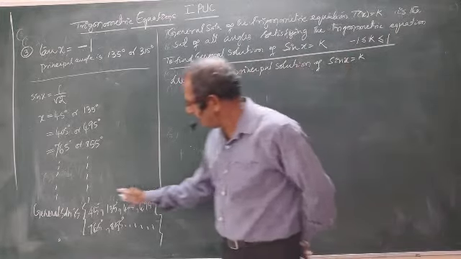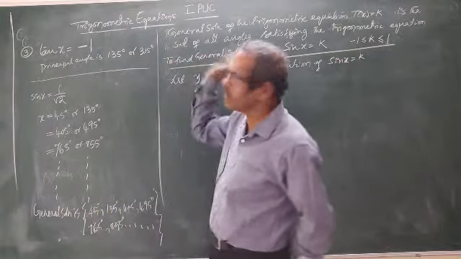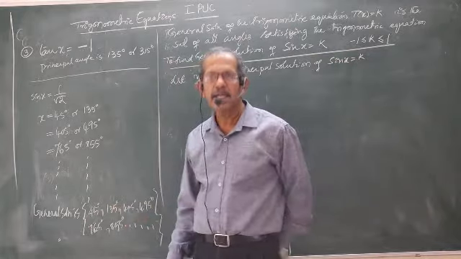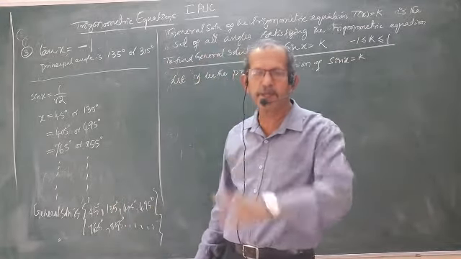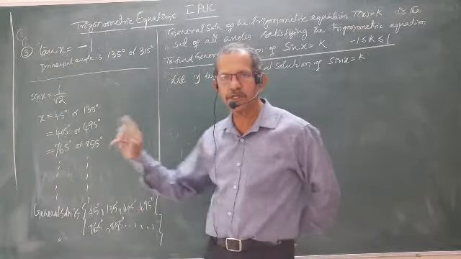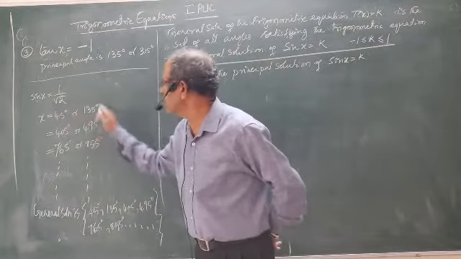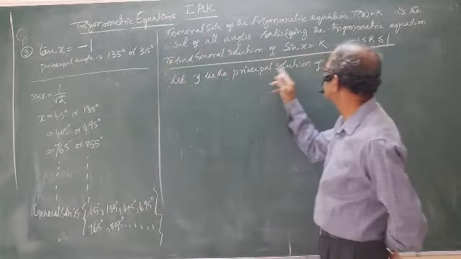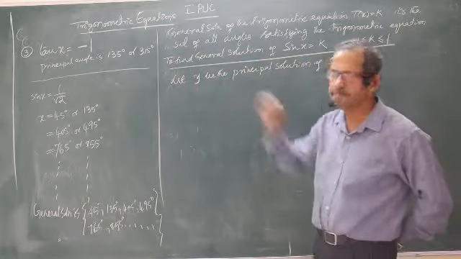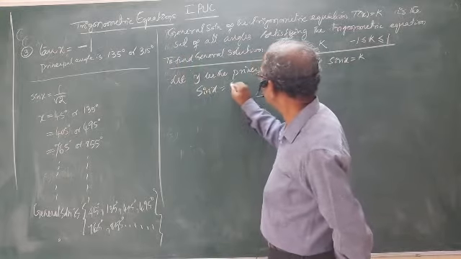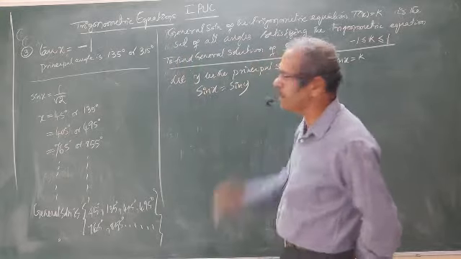How to write general solution? It is our procedure now. Instead of writing each and every angle, is there any simple method to write this? That is what I want to know. After obtaining principal solution, say principal solution is obtained, y. That means sin x and sin y are equal because it is a principal solution.